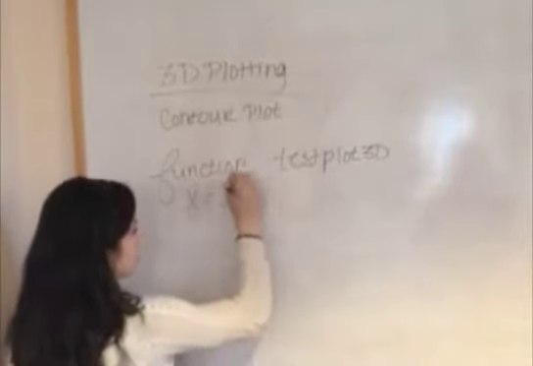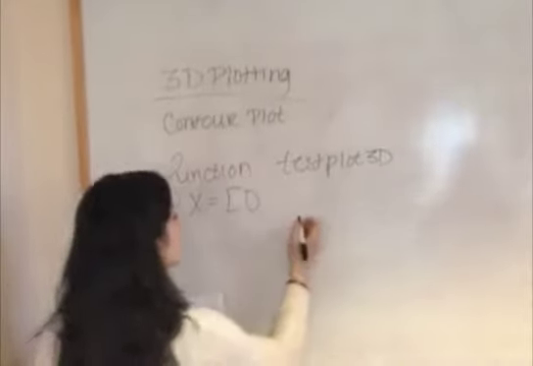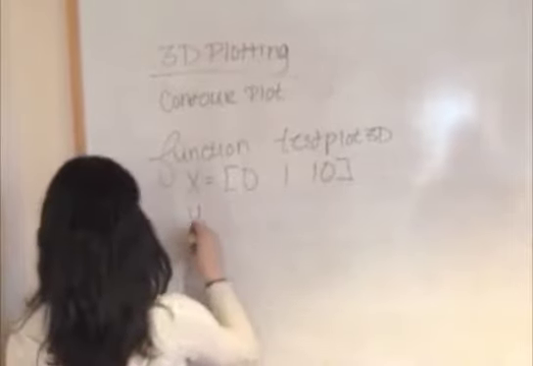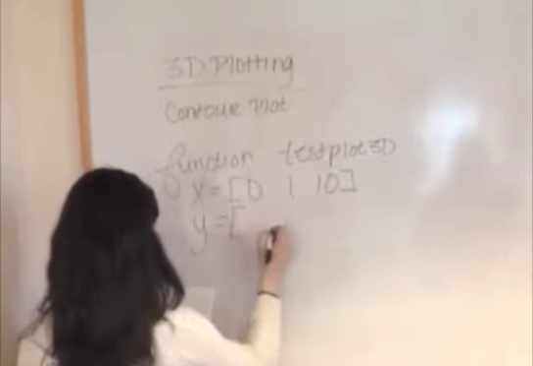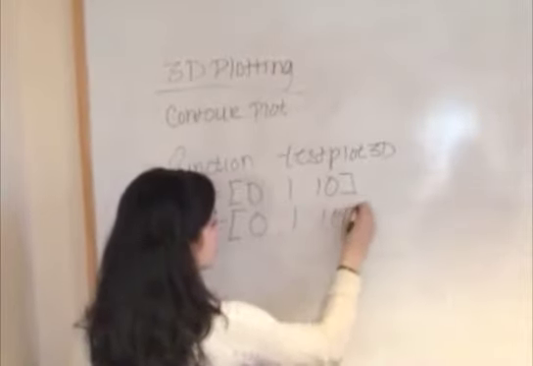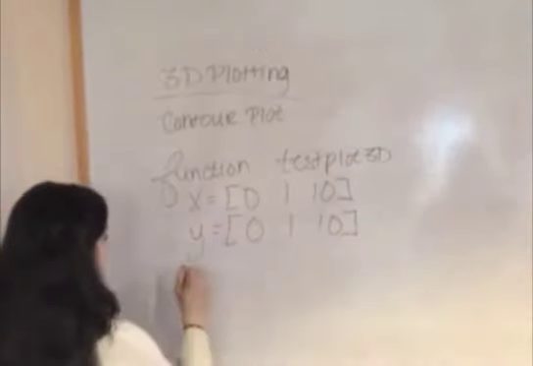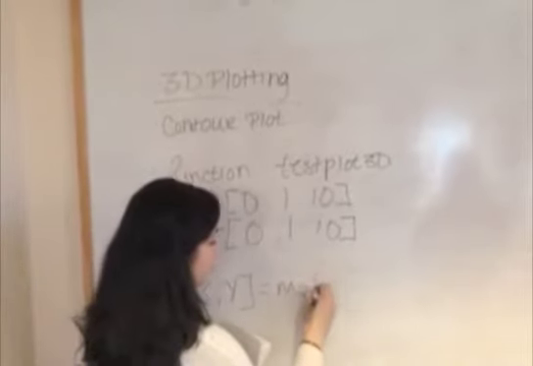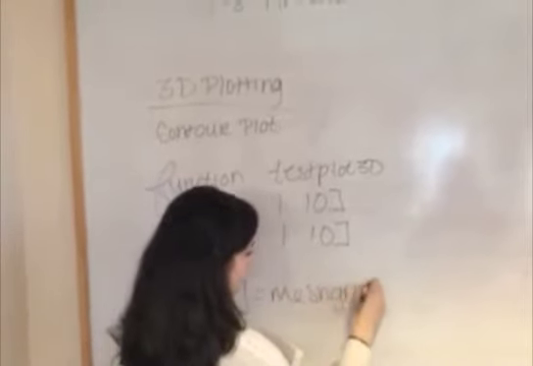So x, basically we can do the same thing from last time. We can do 0, step size of 1, going to 10. And for y, we're going to create another array and go 0, step size of 1 to 10. Now if we make x and y both capital in brackets, it'll create a mesh grid of both x and y.